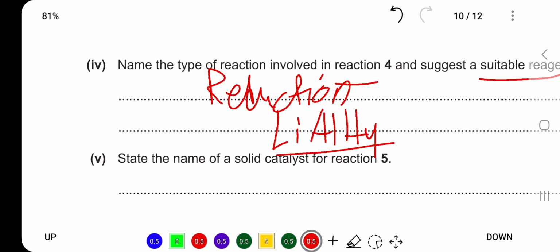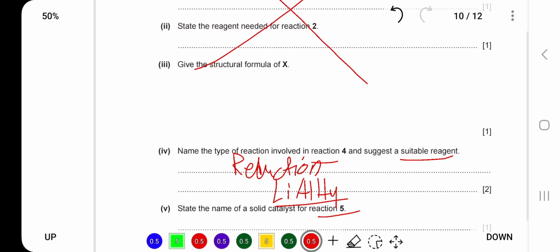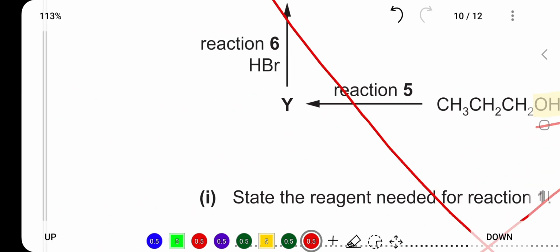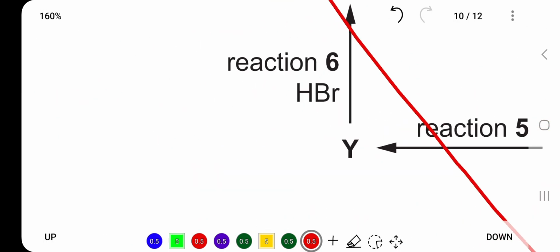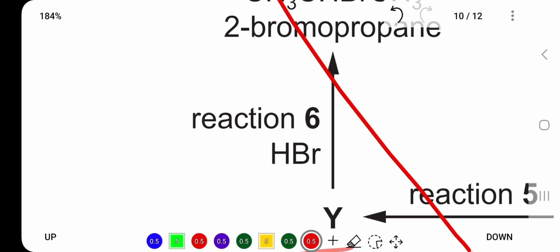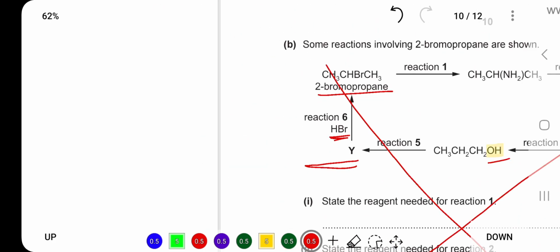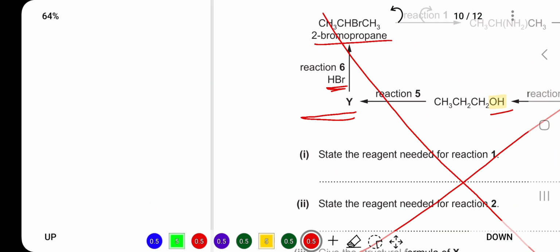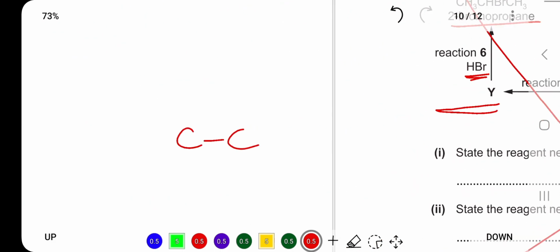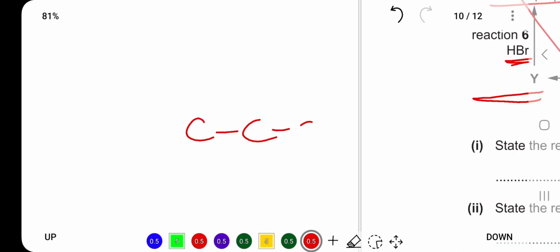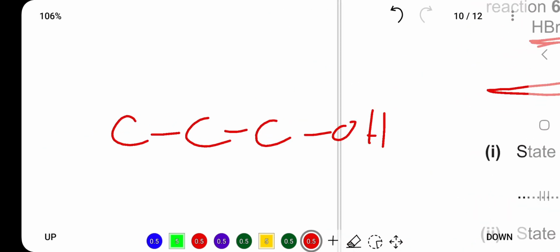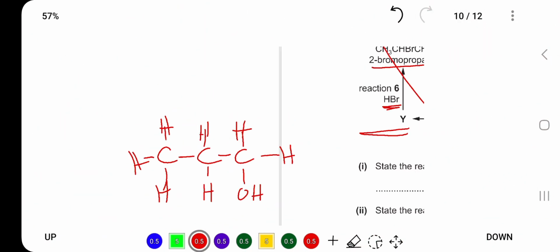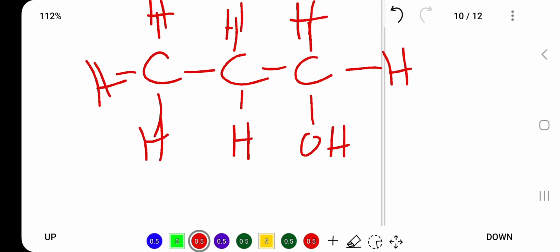State the name of a catalyst for reaction 5. We had an OH group here. So you should wonder, what was the compound here that we added HBr to, to give you 2-bromopropane? OH should be removed. How? So I'll do it for you guys. You want to add HBr.